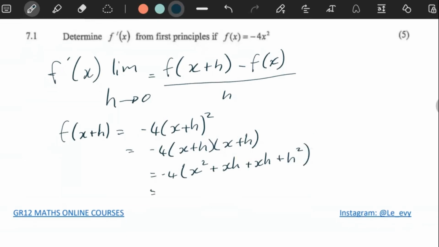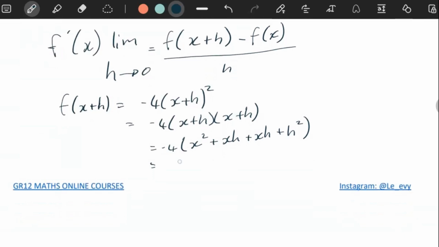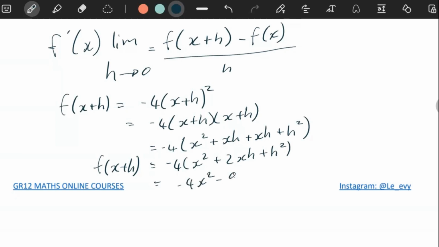So you're going to then have negative 4 times x squared plus xh plus xh, which is 2xh, plus h squared. So this is what f of x plus h is equal to. Having done this, you can multiply the 4 inside. It's going to be negative 4x squared, negative 8xh, negative 4h squared.